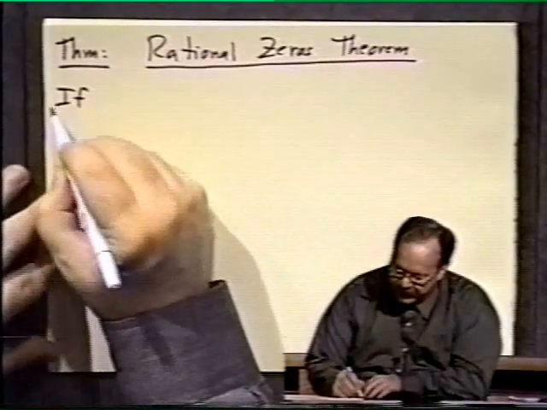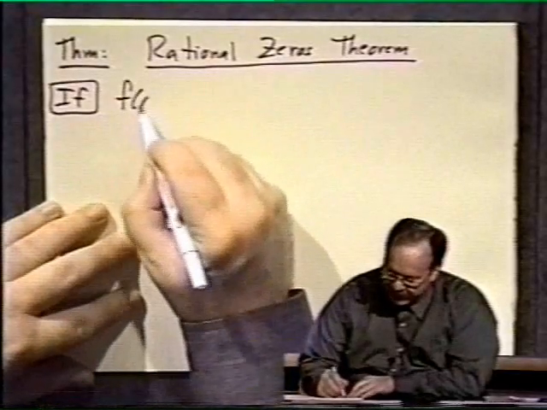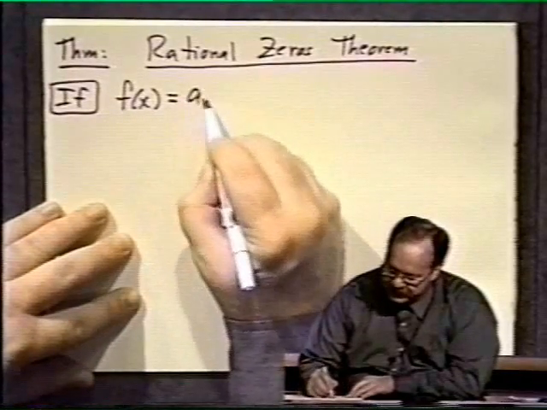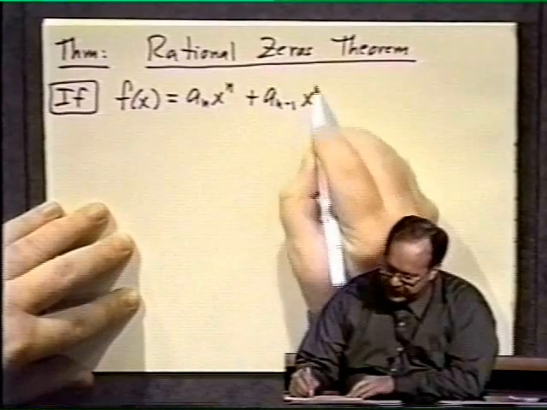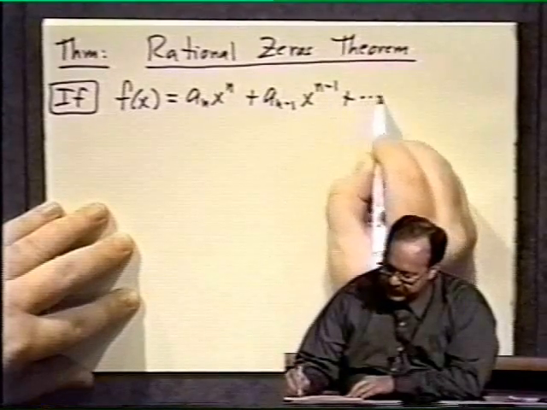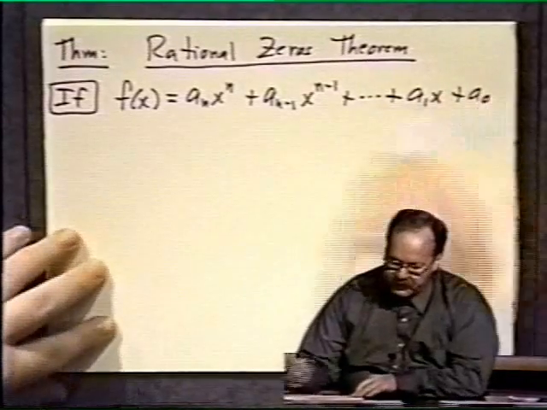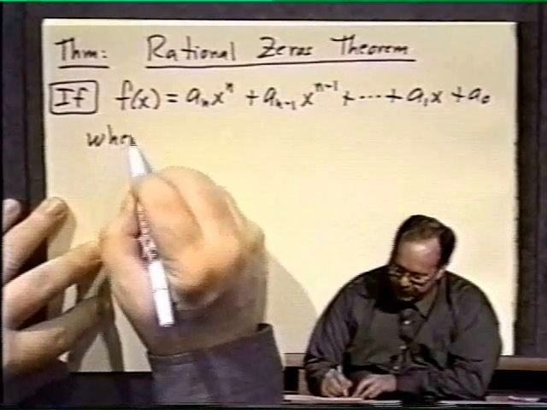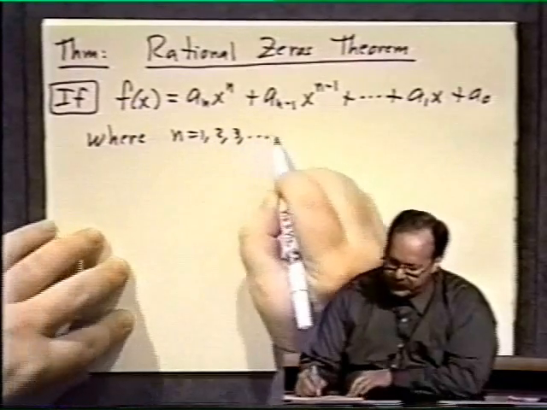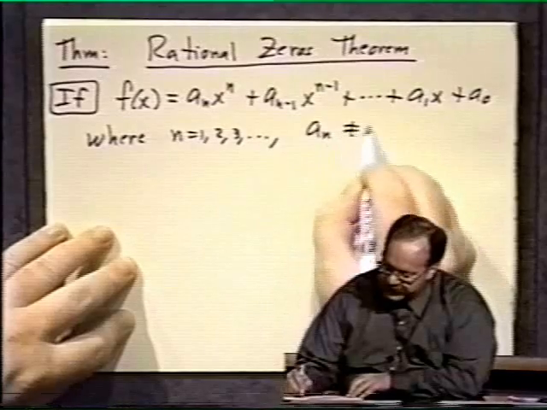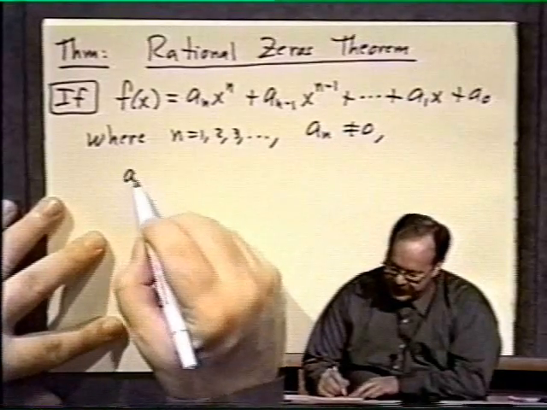If, now we have to write out our real polynomial in general, so we've got that again. If f of x equals a sub n x to the n plus a sub n minus 1 x to the n minus 1 plus dot dot dot down to a sub 1 x plus a sub 0, where, as usual, n is equal to 1, 2, 3, etc., and the leading coefficient is non-zero, and we continue with properties we didn't have before.